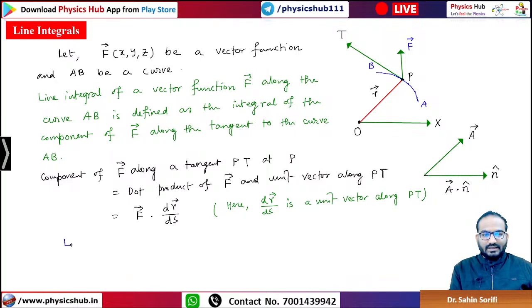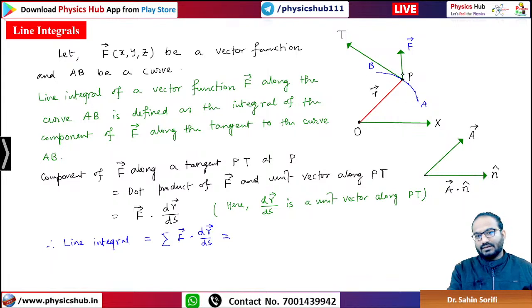Then we can write the line integral. We can define it as the sum of all the points f dot dr by ds. Now this sum is very close together.